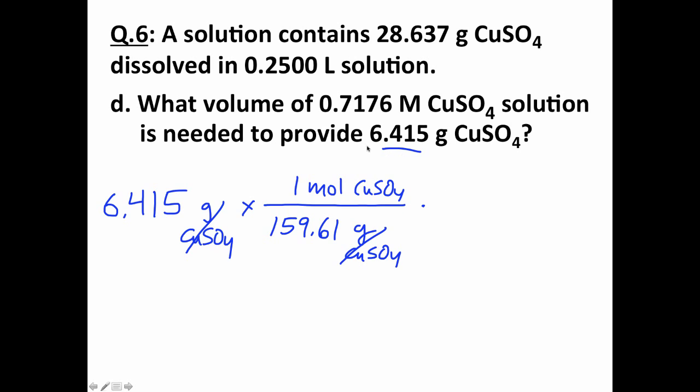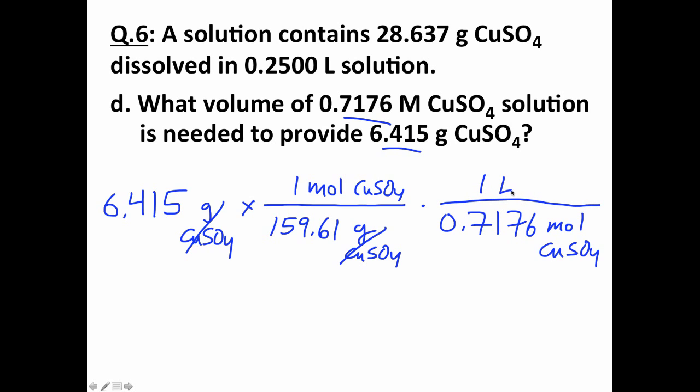And then, since it's a 0.7176 molar solution, we have 0.7176 moles of the solute copper sulfate per 1 liter of the copper sulfate solution. And that converts moles of copper sulfate into liters of solution.